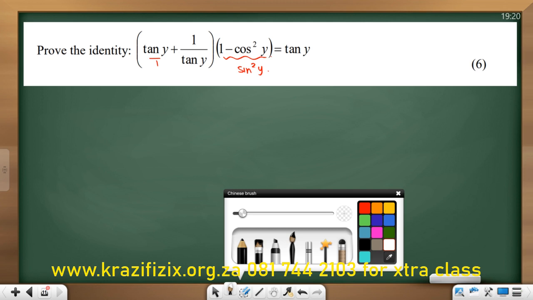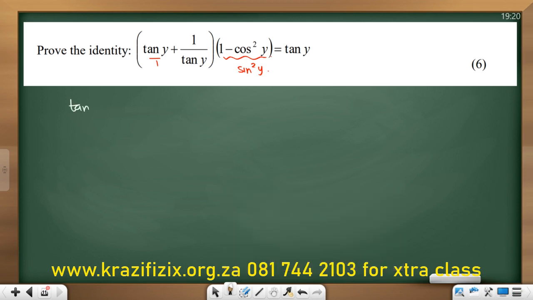I will be having tan squared y, plus, if I multiply the other way around, 1 over tan y. Let's see where it's going to lead us. And this should give us 1 minus cos squared is sine squared y. Okay. Let's see where we would get to with this.